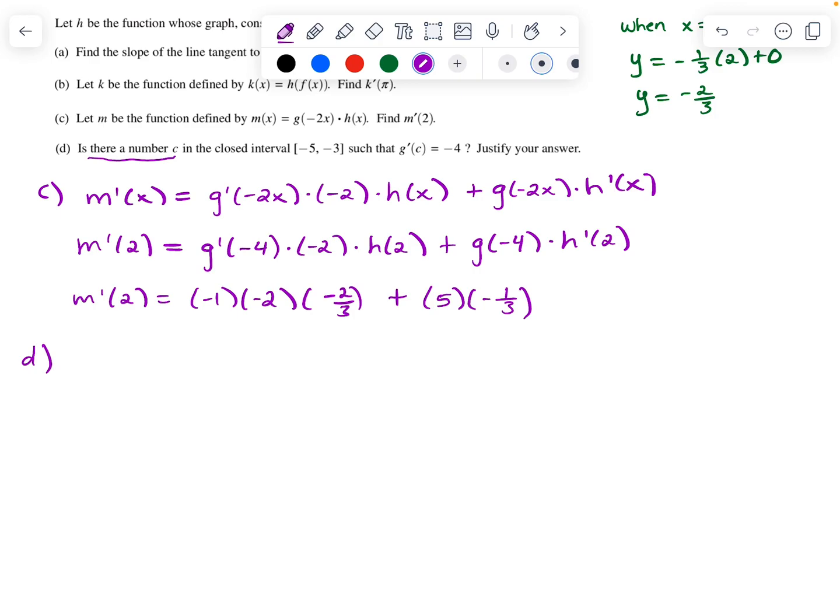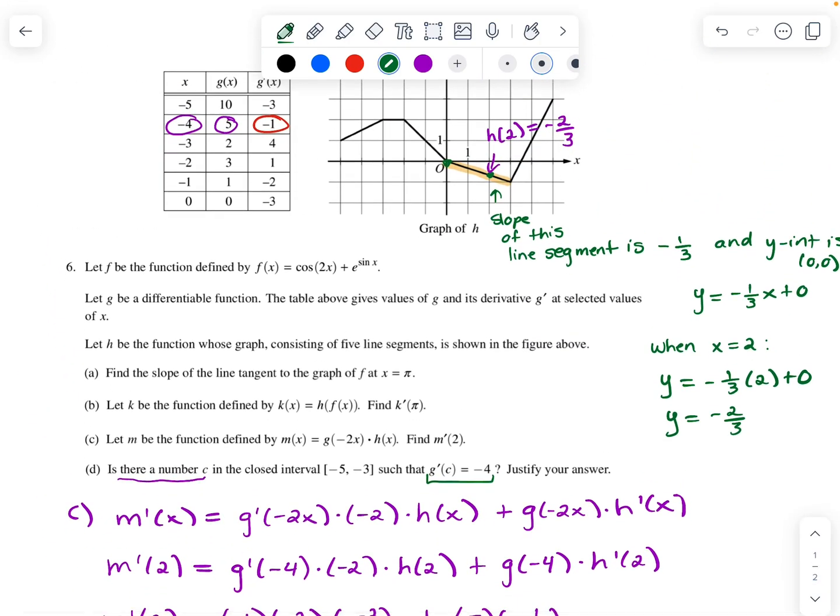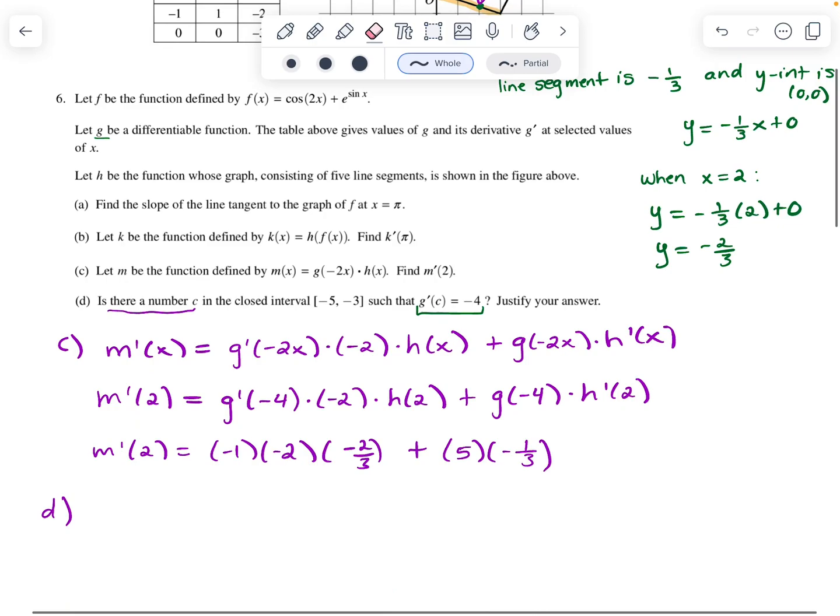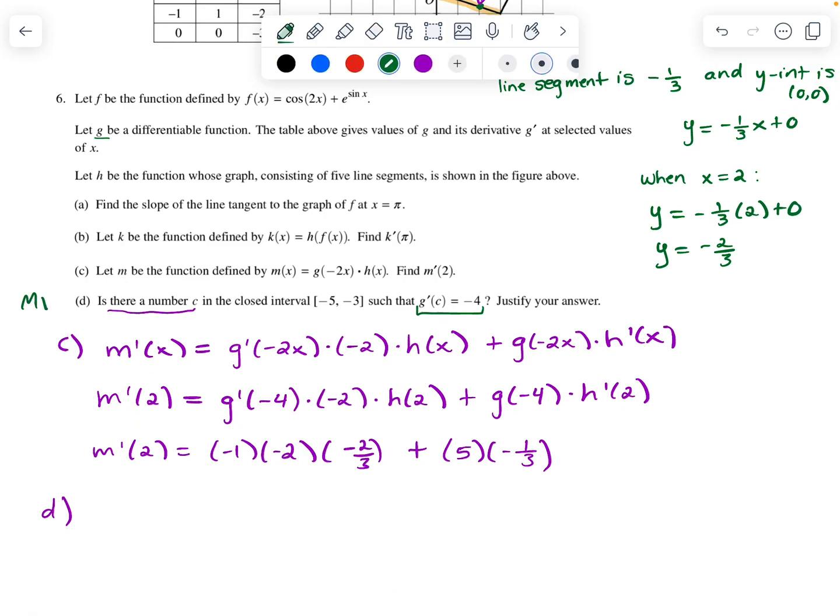In particular, I'm assuming it's MVT because it's asking me about the derivative of g. What they gave us is information about the function g. We know g is differentiable, and of course they gave us a table of values for g. So I'm going to use the mean value theorem, MVT.